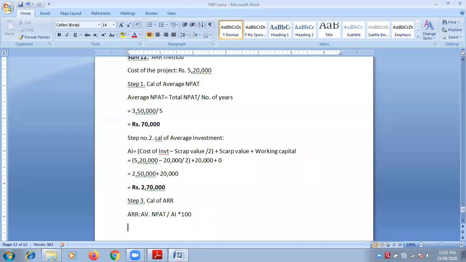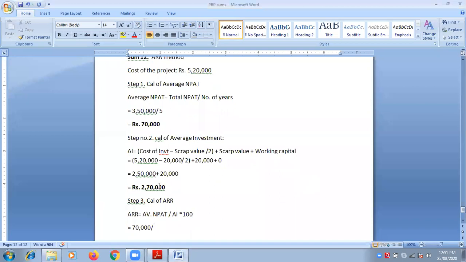Okay. So what is my ARR? Tell me. Average net profit after tax. What was the answer of average net profit after tax? We have calculated it in step number 1. 70,000. Very good. 70,000 is the answer of step number 1.